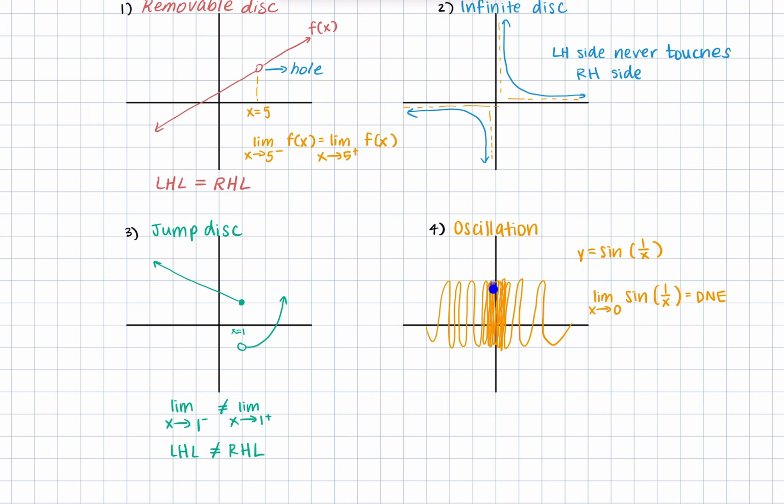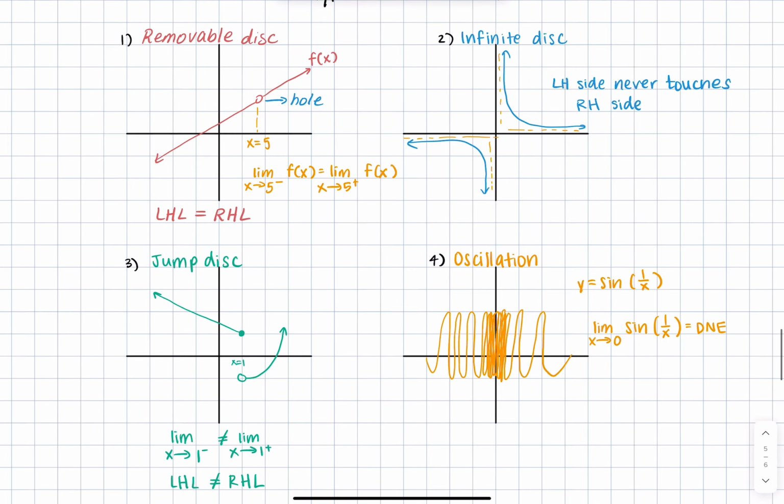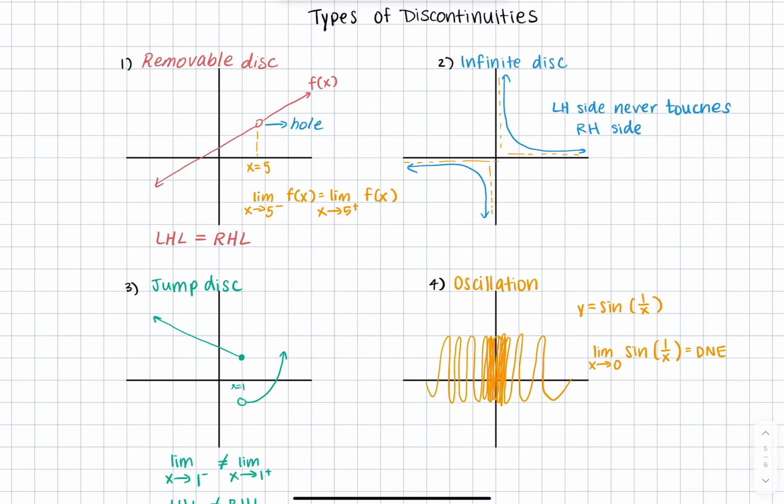Whereas here, you see it's the same function, and you're going back and forth between the y values. Fun fact, a jump discontinuity can be represented through a piecewise function. So yeah, these are our 4 types of discontinuities: removable, infinite, jump, and oscillation.